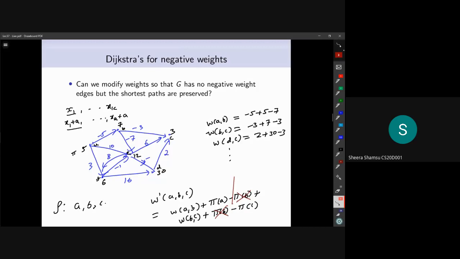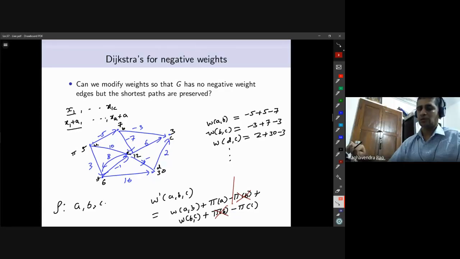So finally, if you take every pair of vertices, then the original path between them is preserved, and if it comes to negative, then you have to add and subtract the endpoints' pi values. In that way, it's preserved.